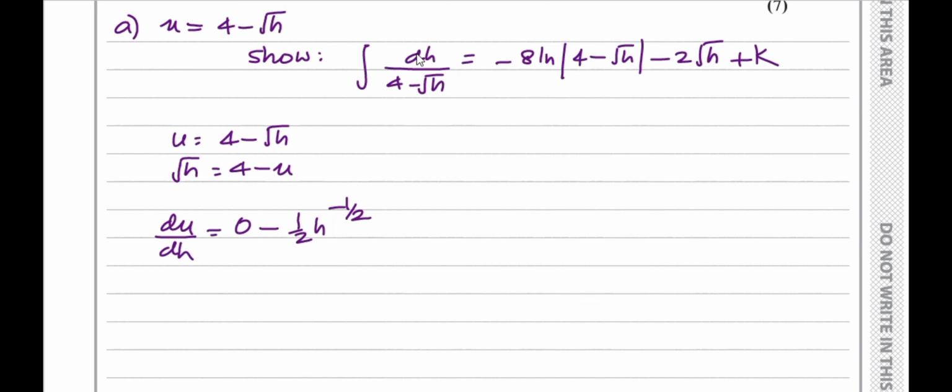Therefore, we need to remove the dh and write it in terms of du, right? So du equals minus half h to the power of minus half times dh. Rewriting this in a nice way, we have 1 over 2 h to the power of half dh, and there is a minus sign here.